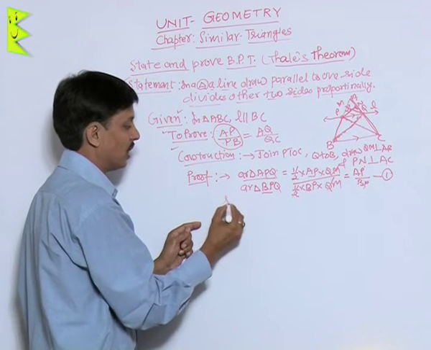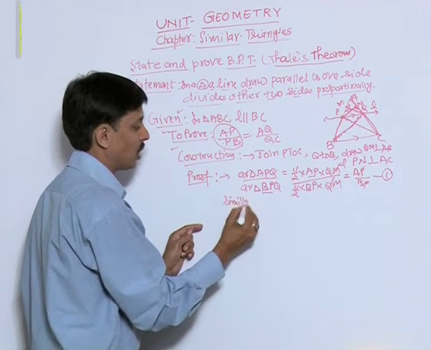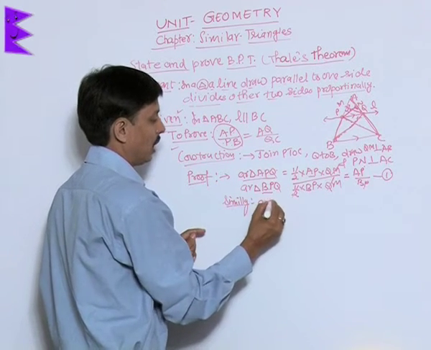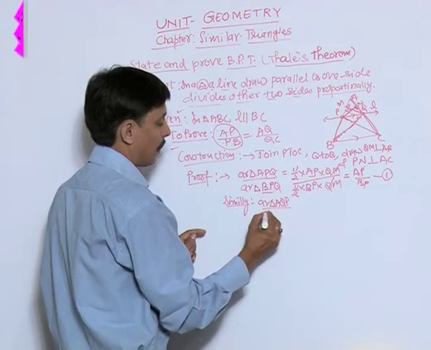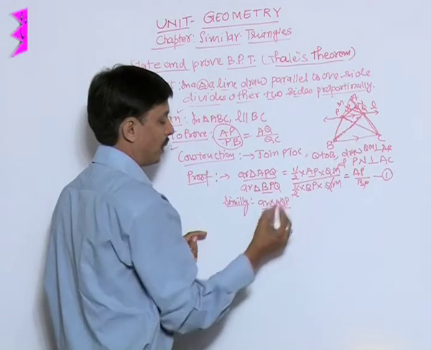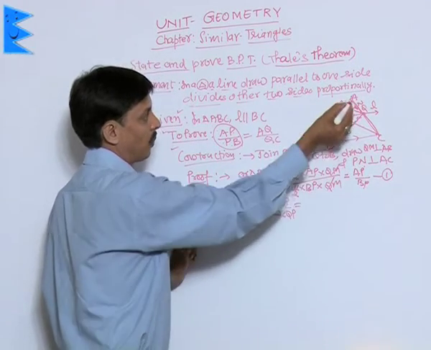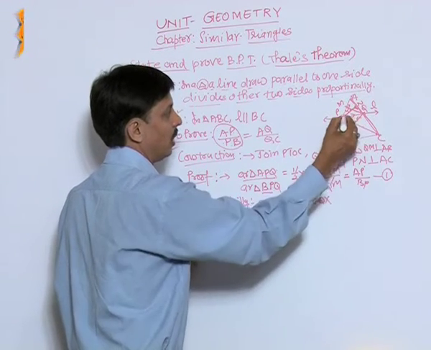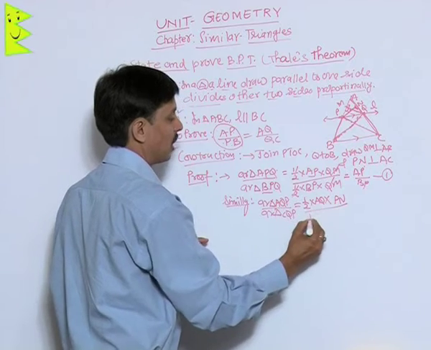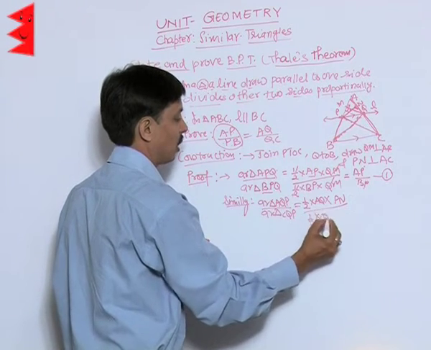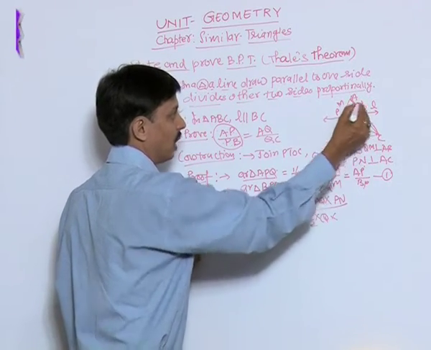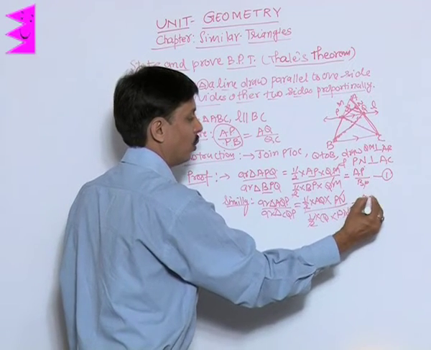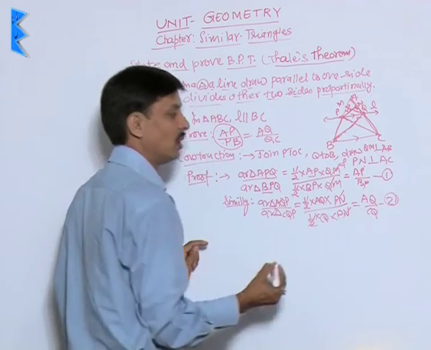So I can write here, using all the same steps, area of triangle AQP upon area of triangle CQP is equal to, for finding area of AQP, half AQ into PN divided by half CQ, as CQ is the base for this triangle, and perpendicular is what? PN. On dividing, PN and PN, half and half cancel, it will give you AQ upon CQ, equation number 2.